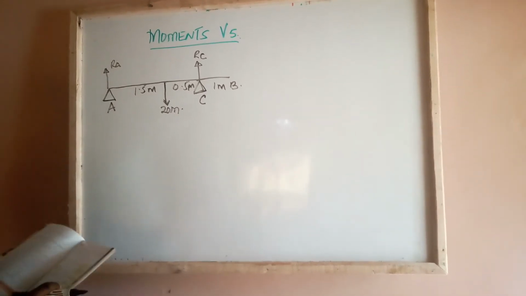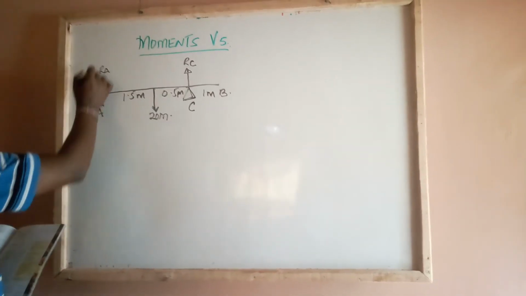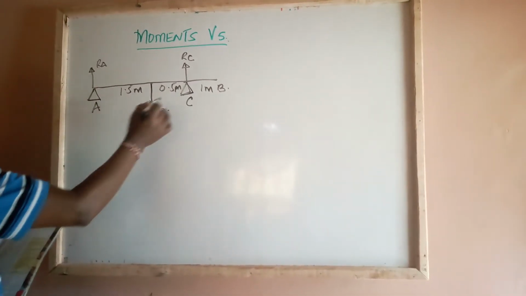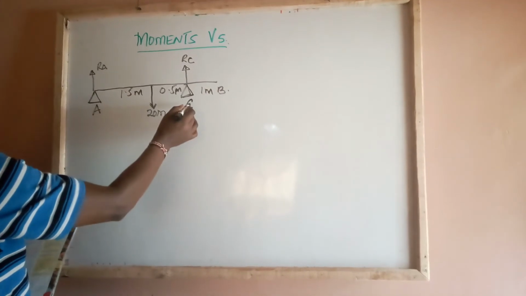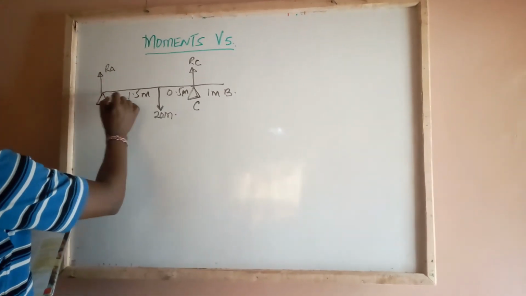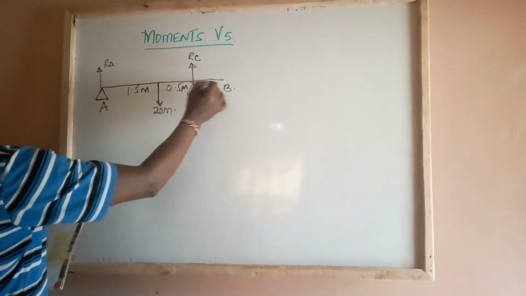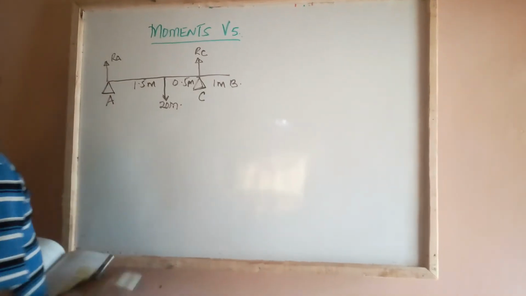How then do we study the diagram? Let us first of all study the diagram. There's a reaction at rotating point A and there's a reaction at rotating point C. Between A and C, we have 1.5 plus 0.5, we have 2 meters. And then 1 meter. The whole rod is 3 meters.